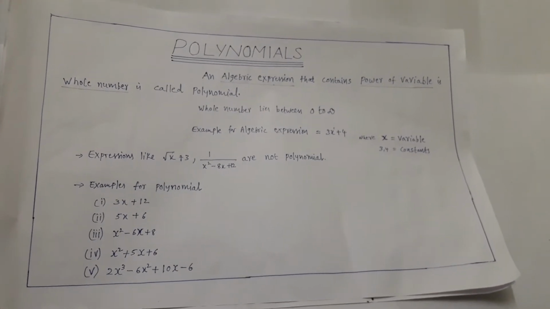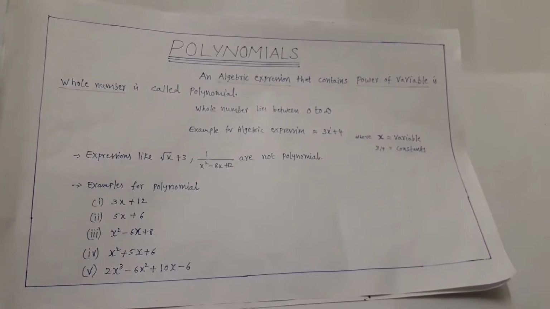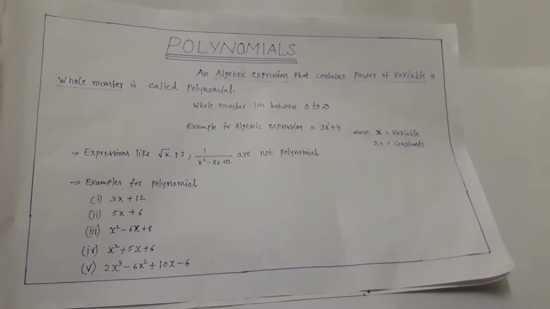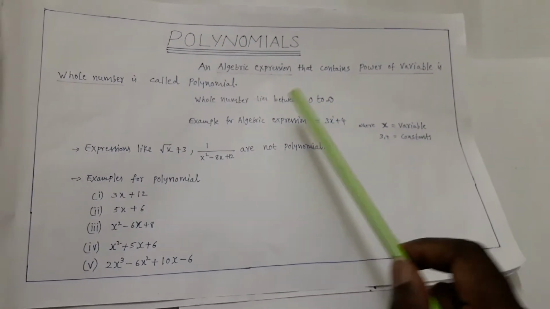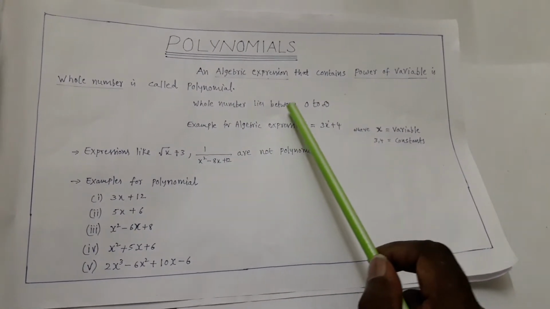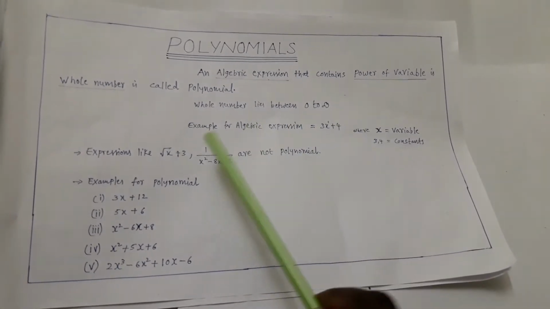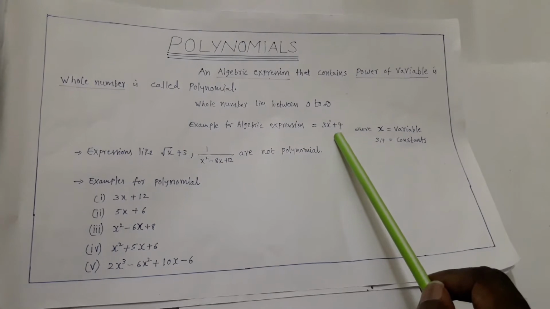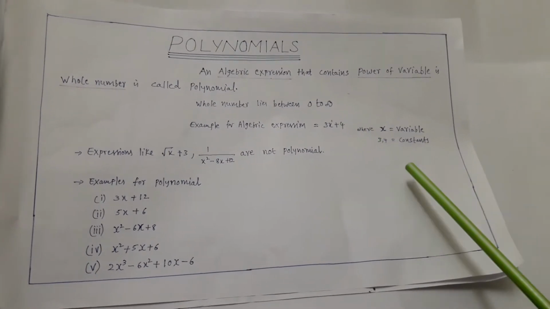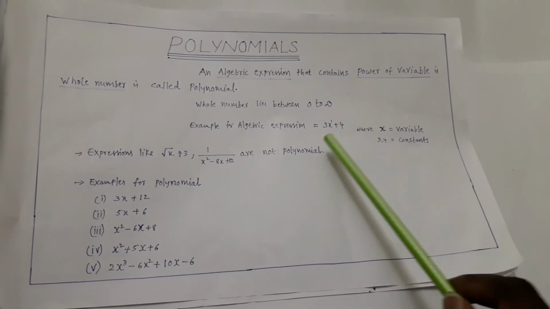Polynomials. An algebraic expression that contains power of variable as a whole number is called a polynomial. Whole numbers lie between 0 to infinity. An example of an algebraic expression is 3x plus 4, where x is the variable and 3 and 4 are constants.